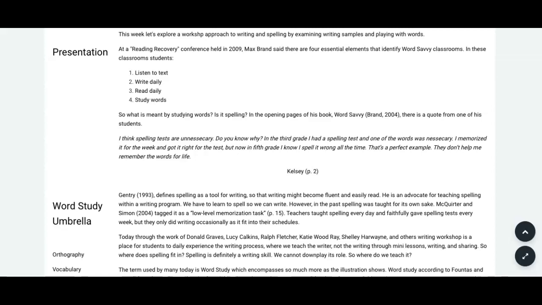Back in week 1 or week 2, you administered a spelling inventory to the student you're working with. You were to determine what spelling stage the student placed in based on the data of the assessment. Students placed in various stages.